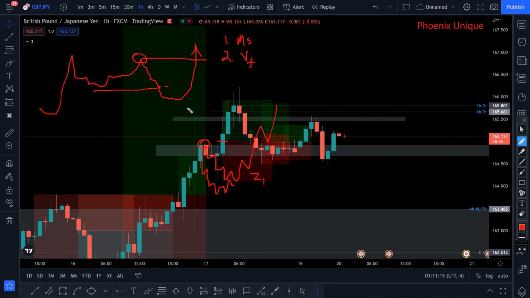Now, bringing it down to layman's understanding for those of you who may be confused with the terminology, what I'm trying to say is that price should go up, give me some deep retracement, respecting the bearish market structure inside this counter trend sells, then fail to make new lows.